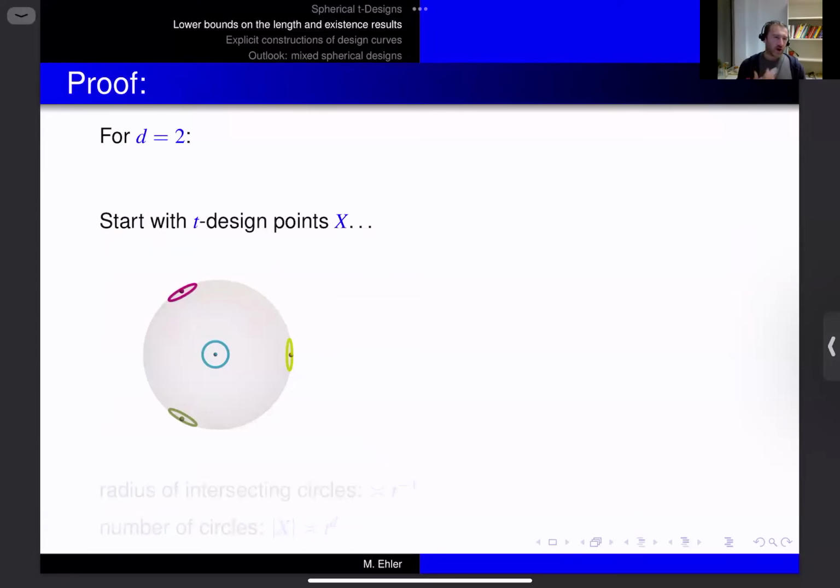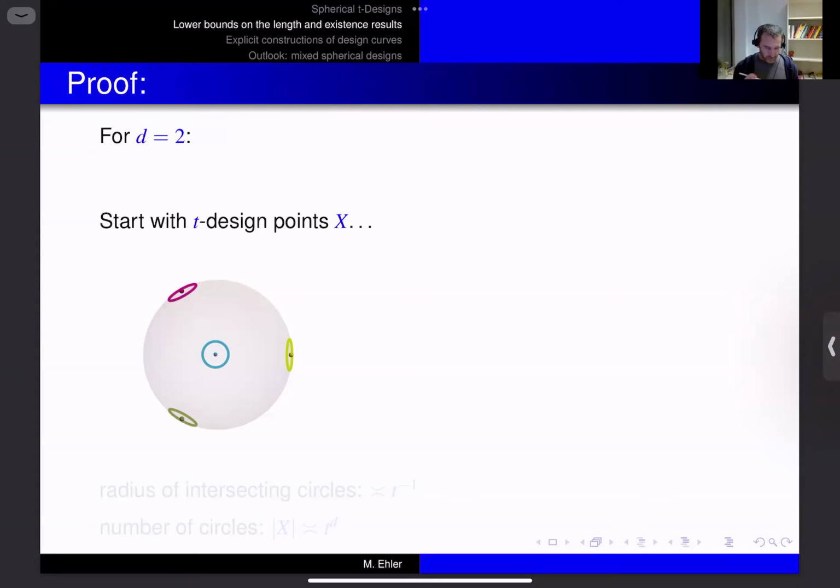And the idea is to start with t-design points x. And now it's an observation that point evaluation is very closely related to integration along a circle that is centered at this point.